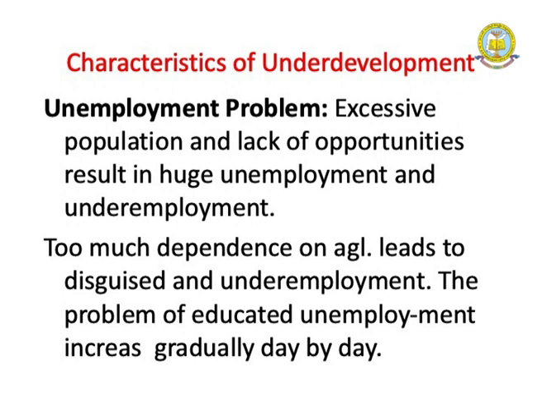If there is a large difference between qualification and the type of employment, that is called underemployment. Too much dependence on agriculture leads to more people working in agriculture fields than required, and this results in underemployment and disguised unemployment.